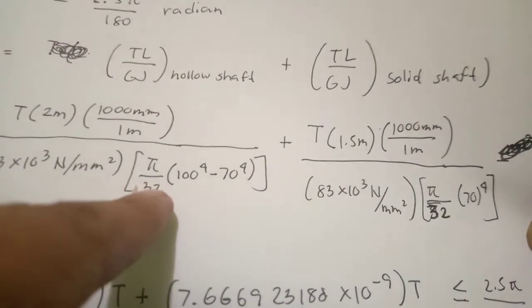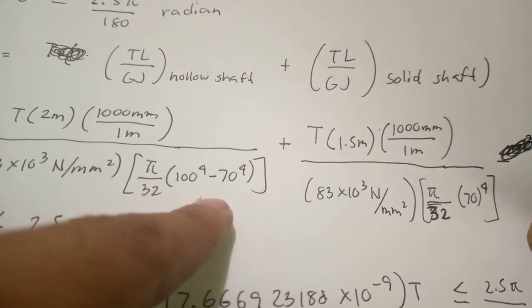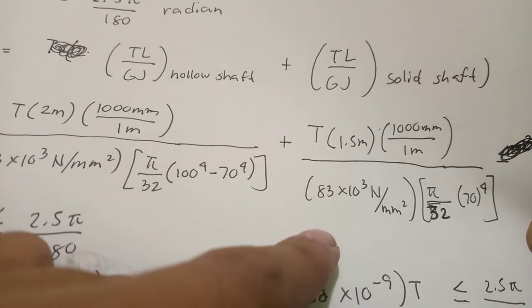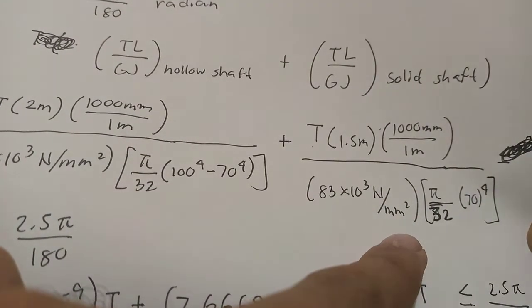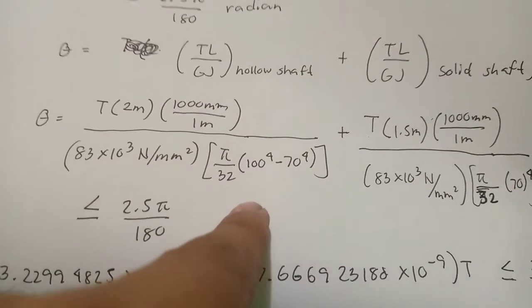So pi over 32 times D to the power of 4 minus small d to the power of 4 for the hollow shaft, and then we have 83 times 10 to the power of 3, pi over 32 D to the power of 4 for the solid shaft.